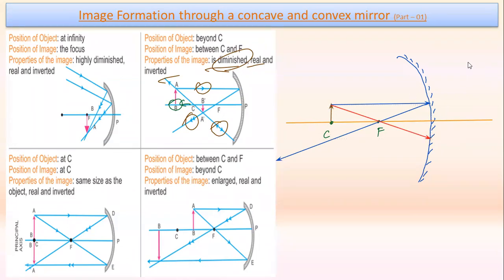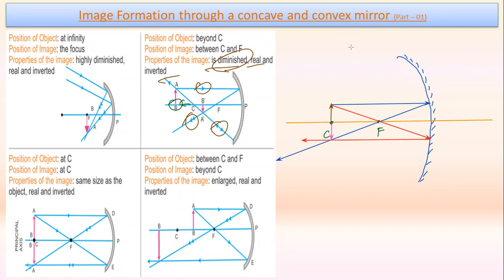Okay, and this is going to reflect back by forming parallel to the principal axis. Please remember the rules which we had done. So according to the rules only, we will go for the image formation. So it is going to be parallel to the principal axis like this. And when it is going to be like that, then our image is going to form at C only.